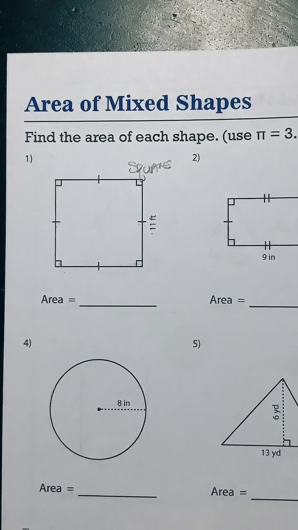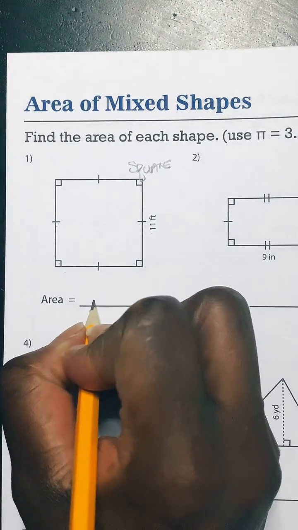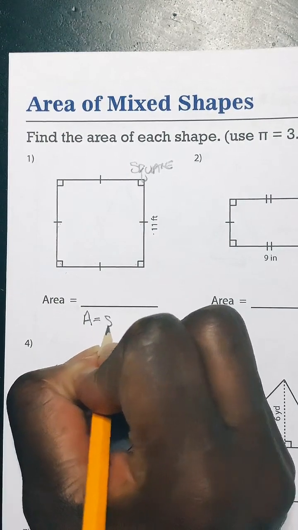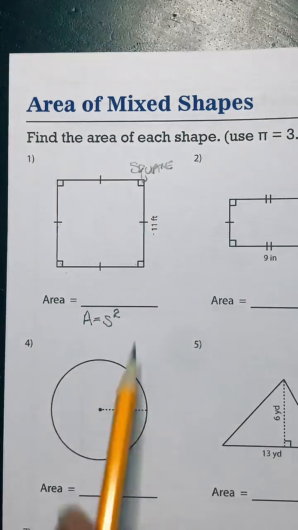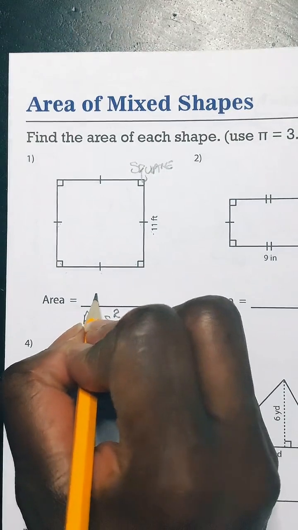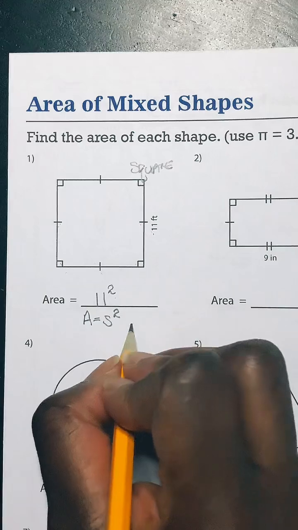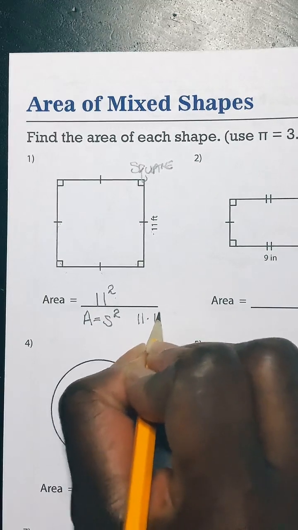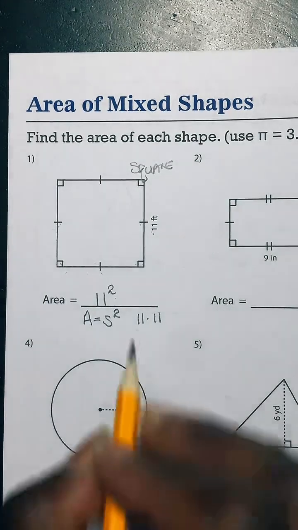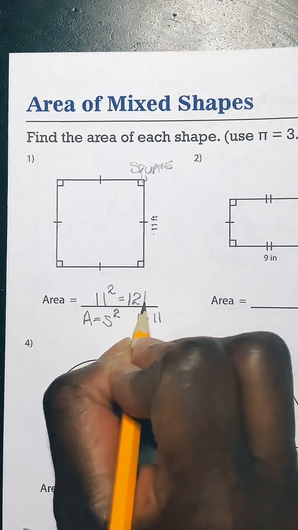All right. So, in order to find the area of a square, it's basically your side. Area is your side squared. We know all four of the sides are exactly the same, so my area is going to be 11 squared. Now, 11 squared means 11 times 11, which gives me 121.